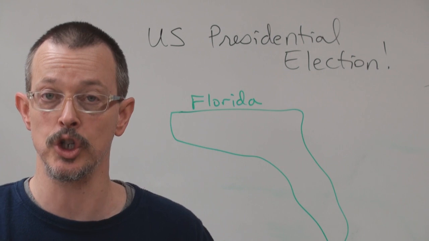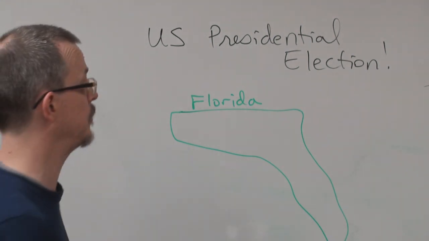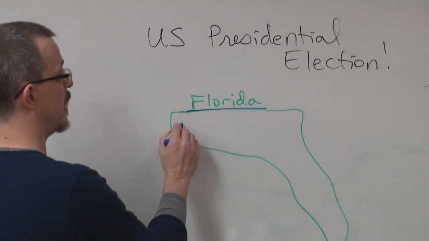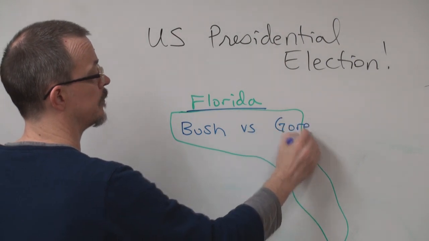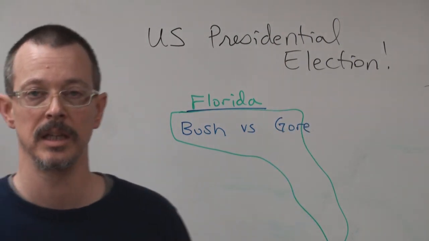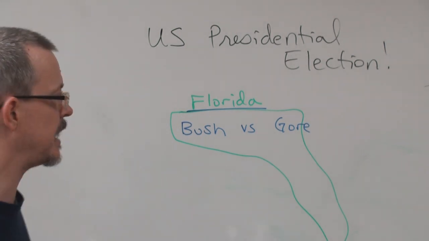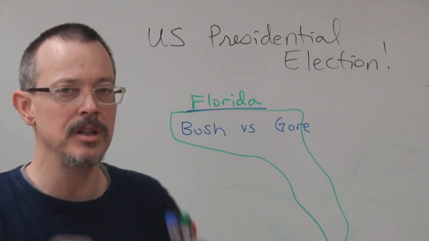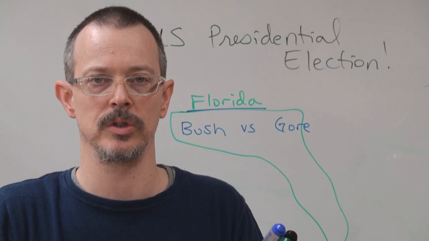Finally, in the year 2000, we had a problem in America in the state of Florida, and we had Bush versus Gore. Now, what's interesting is, in this one state, many people, many different organizations counted the popular vote.